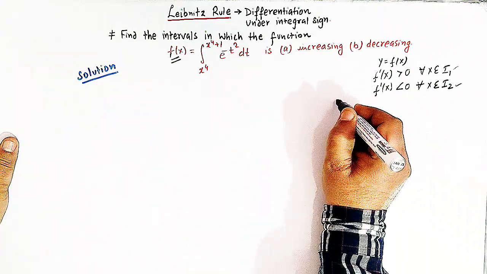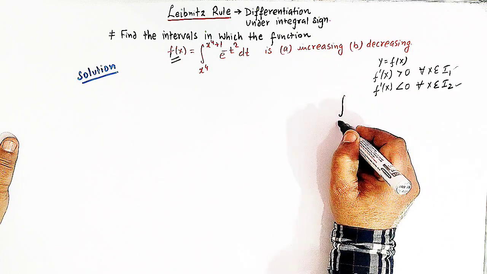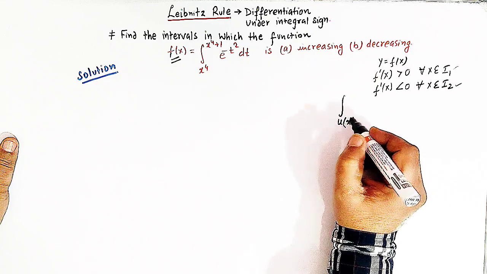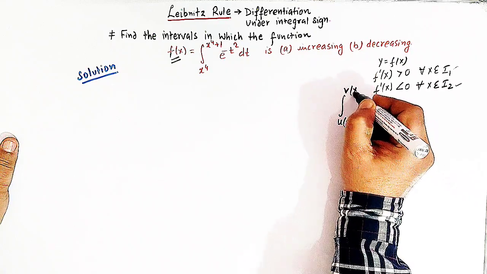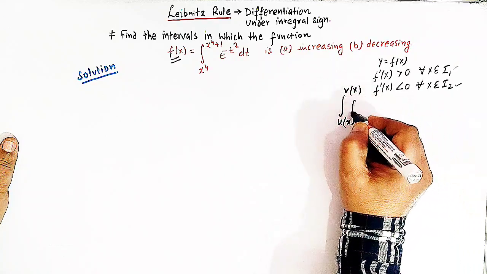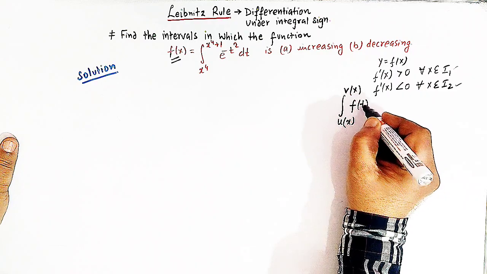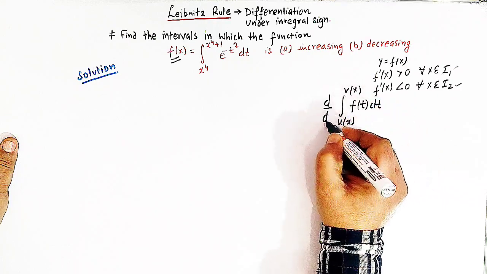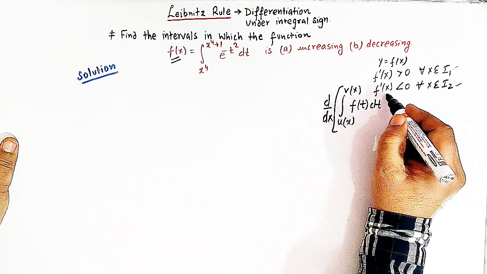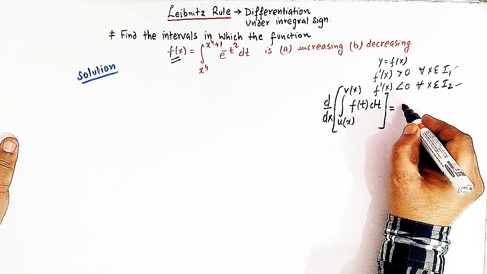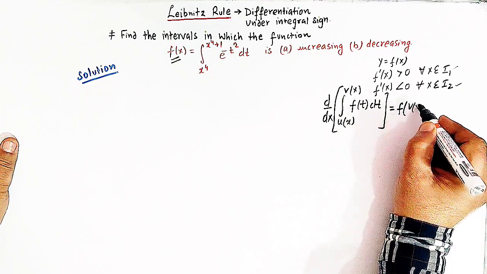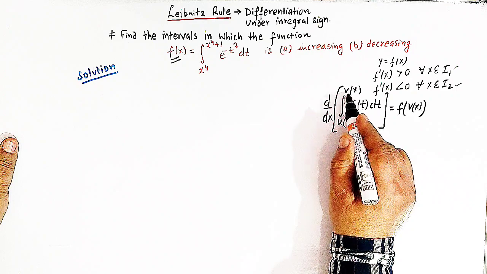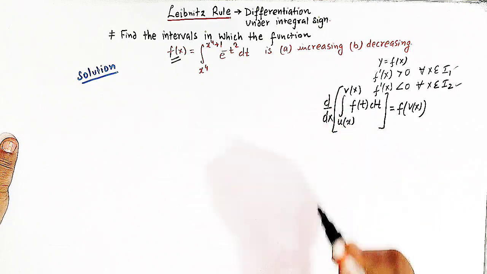The Leibniz rule says that if we have an integral in which the limits are some function of x, suppose the lower limit is u of x and the upper limit is v of x, and here we have the integrand as some function of t, then the derivative of this integral, that is d by dx of this integral, is given by f of v of x. That is, first we'll replace this t by v of x. V of x is the upper limit, u of x is the lower limit, right?